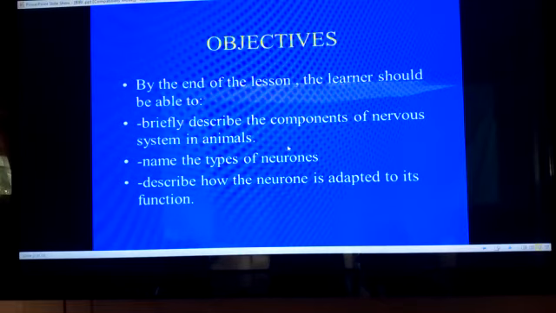Number two, name the types of neurons. Number three, describe how the neuron is adapted to its function. By the end of the lesson, I'm going to run an animation on the structure of the neuron that shall help you understand more about the neuron and its roles.